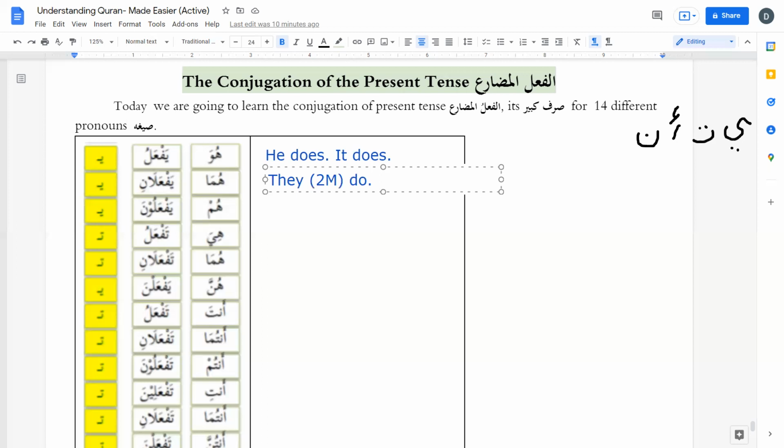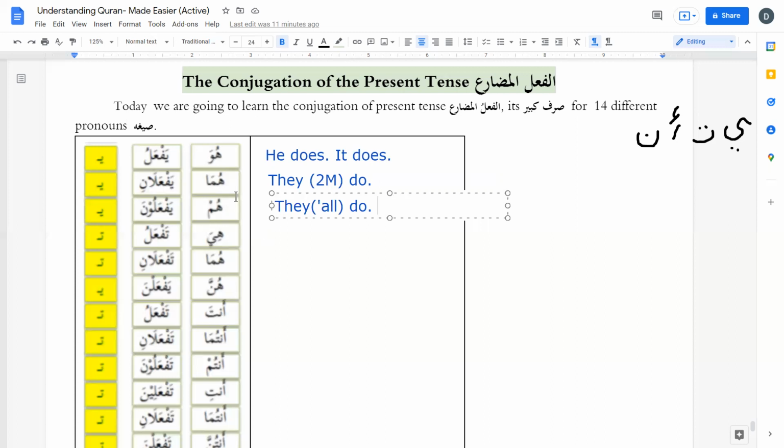But yaf'alani tells us that the doers are two in number. Ya tells us that it's they, masculine, and ani means two in number. Then yaf'aluna, again they, but they are three or more than three. So they all are doing something, or they do.